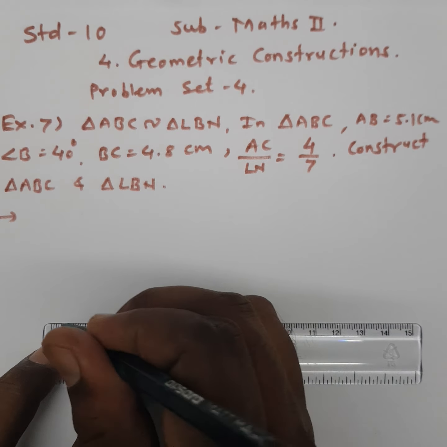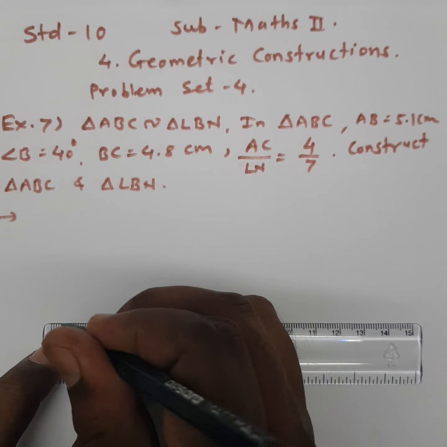It is 5.1 centimeter distance. Then we will draw segment AC. It is our triangle ABC.